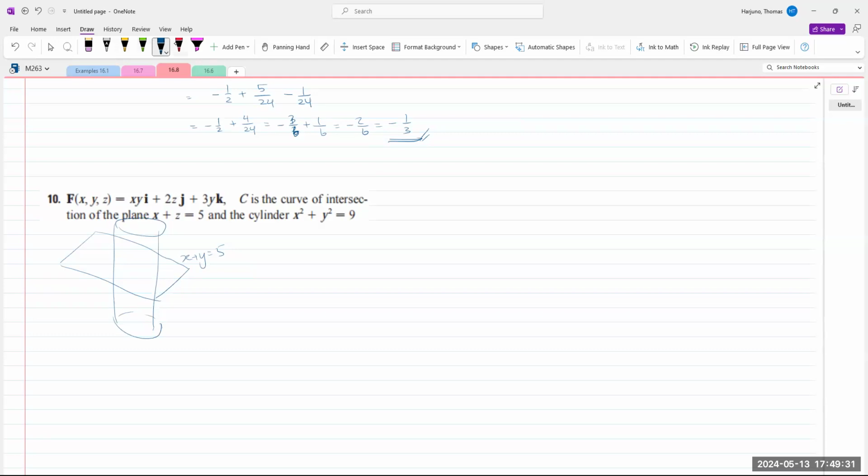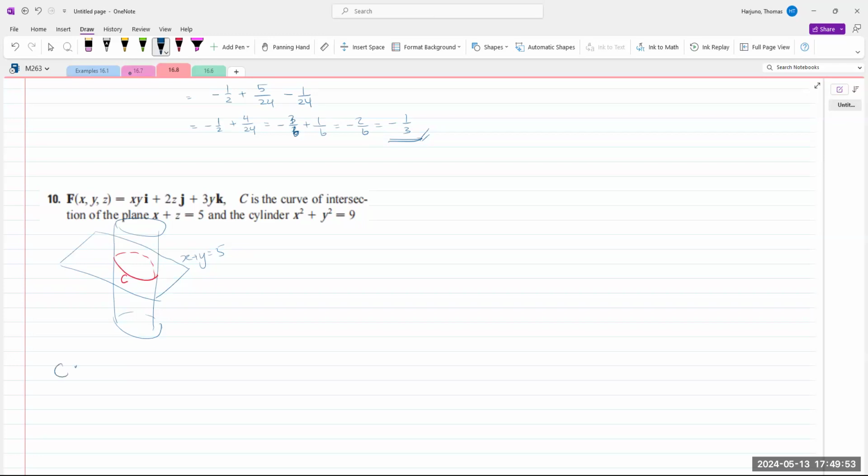So the intersection will be something that looks like this, right? That's the curve C. Okay, let's see how to parameterize that.